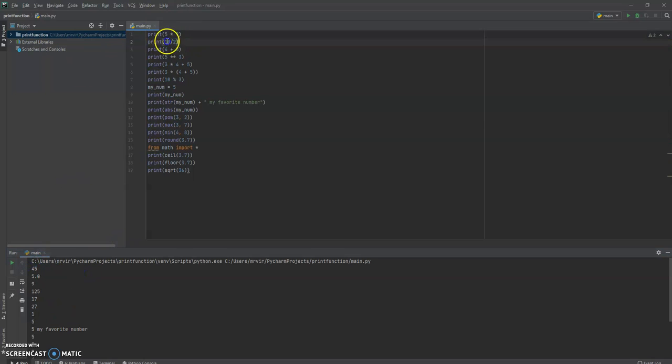Even for division, mods, rounding, powers, square roots, all of that.